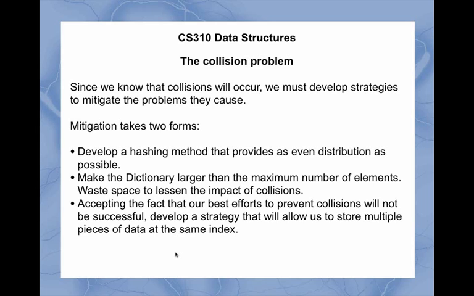In other words, we're going to waste space so we can lessen the impact of collisions. And finally, we're just going to accept the fact that our best efforts to prevent collisions will not be successful. We will always have collisions, so we need a strategy that will allow us to handle these collisions and store multiple pieces of data at the same index.